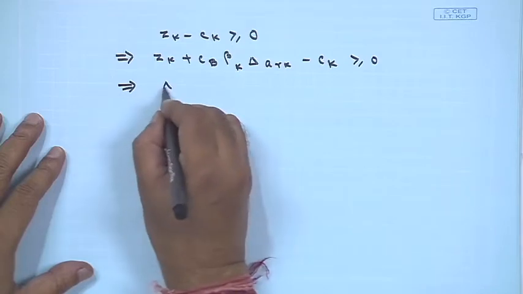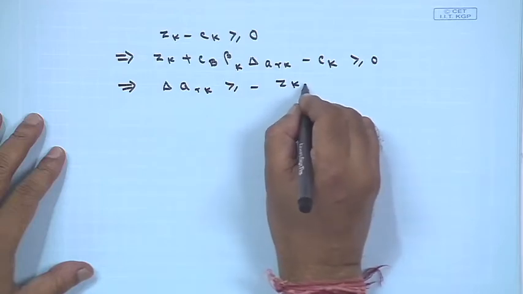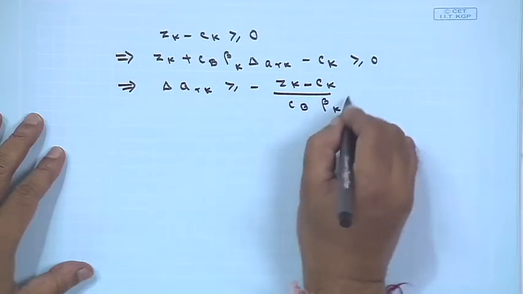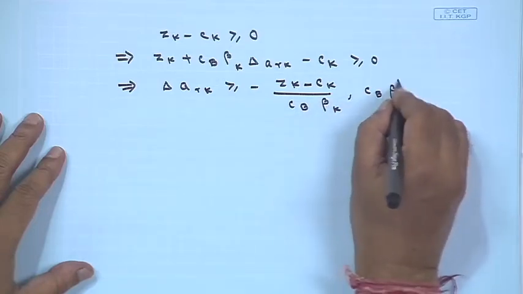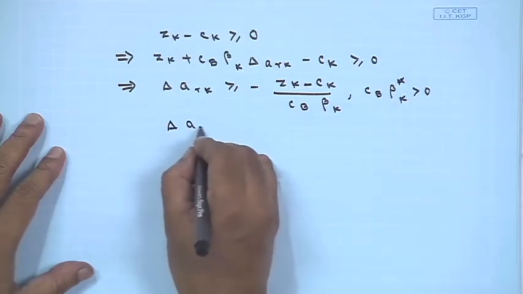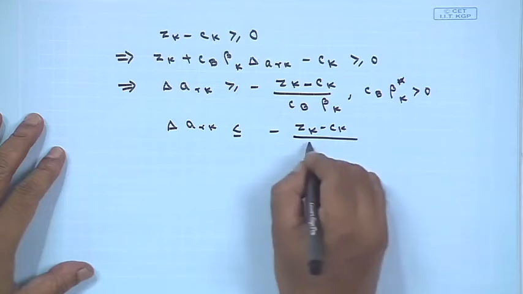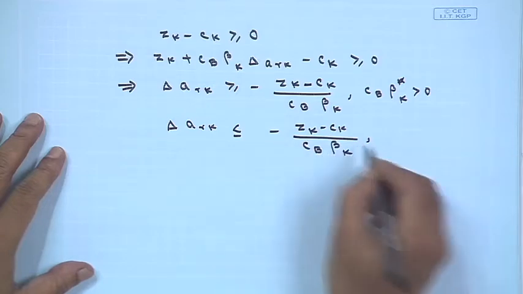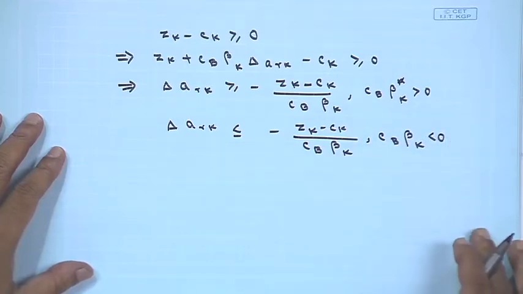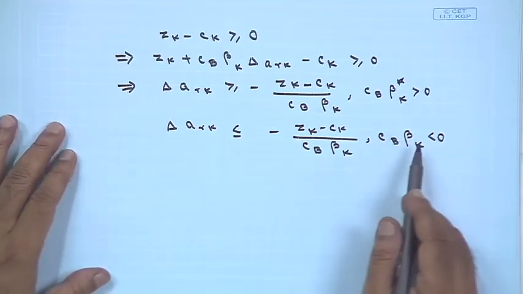From here I can say delta a r k is greater than or equal to minus (z k minus c k) by C B beta k, where C B beta k is greater than 0, and delta a r k will be less than or equal to minus (z k minus c k) by C B beta k for C B beta k less than 0, and delta a r k will remain unrestricted if C B beta k equals 0.